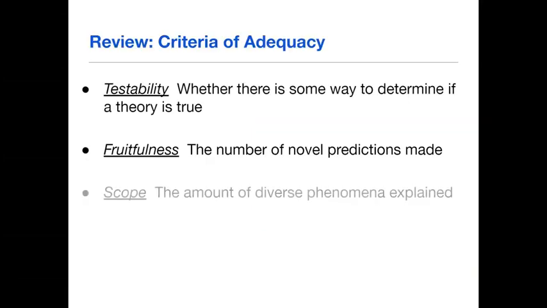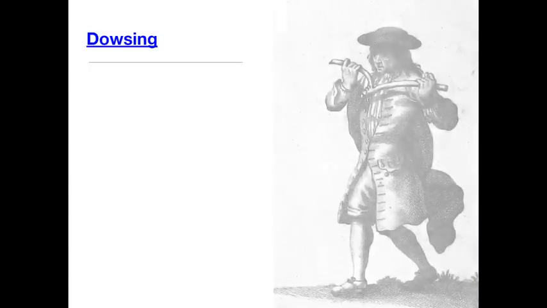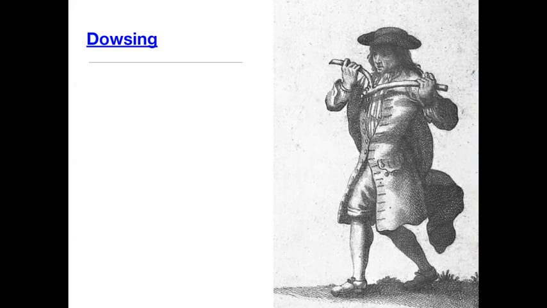So, a review, right? We've got five criteria: testability, fruitfulness, scope, simplicity, and conservatism. So let's use an example. If we were in class together, I'd show you some YouTube videos. Many students haven't heard of this, but I think it's a great candidate for applying the criteria of adequacy. For the longest time, people engaged in what's called dowsing.